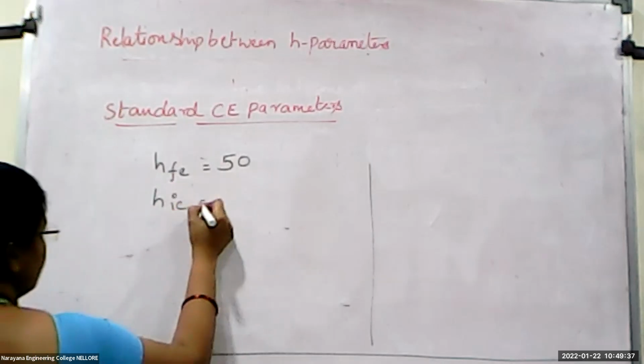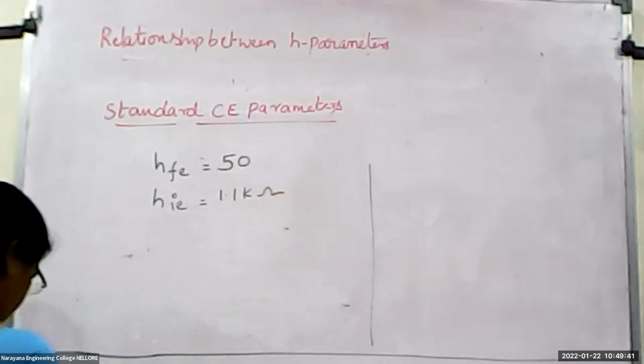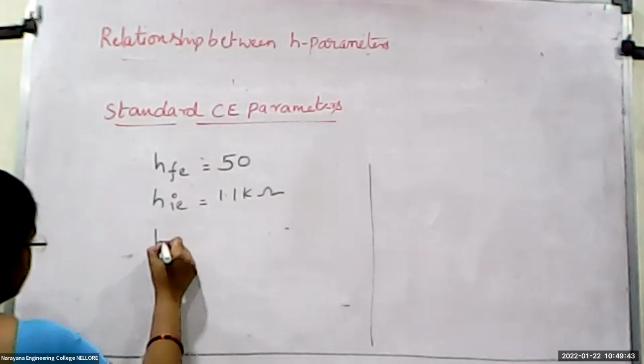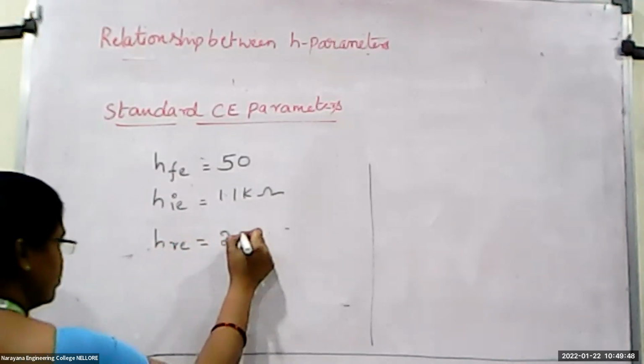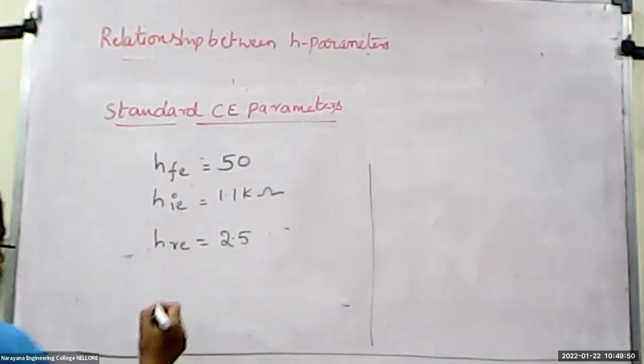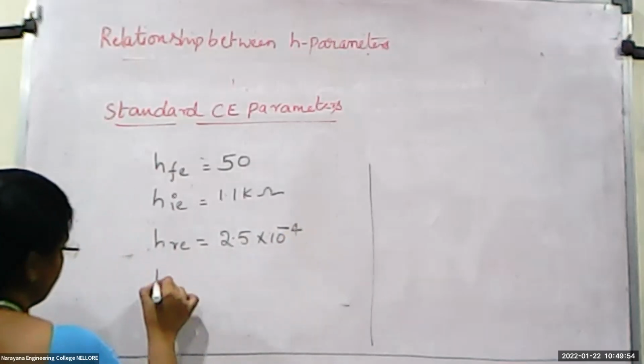HIE is equal to 1.1 kilo ohm. HRE is 2.5 into 10 to the power of -4.